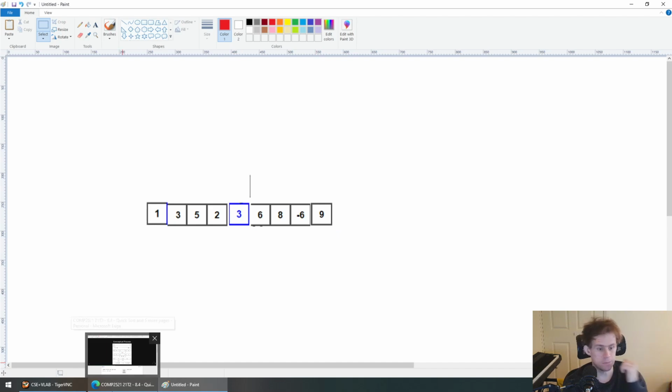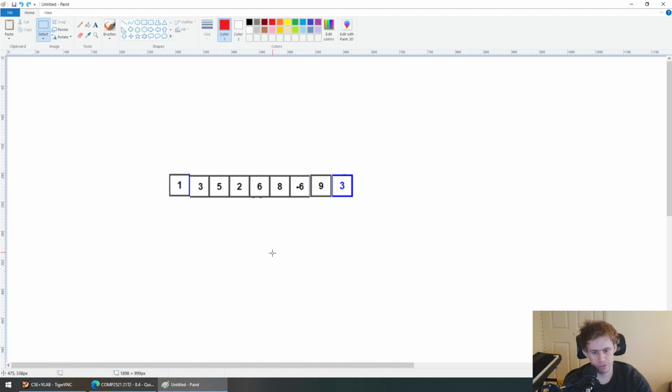That's still stable technically in that use case, but the problem is what happens if your 3 was in the right hand side? That's kind of a problem, right? So if I had a 3 say in the right hand side here, and I'm doing the pivoting and the partitioning, do I swap that 3 to the other side?